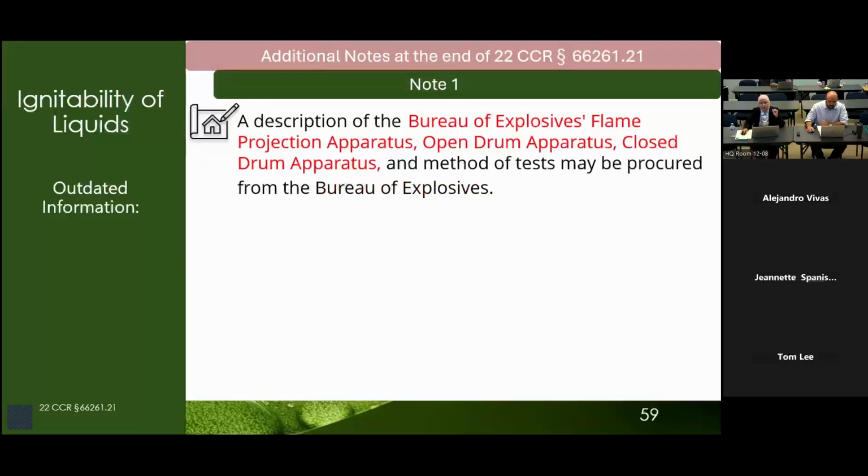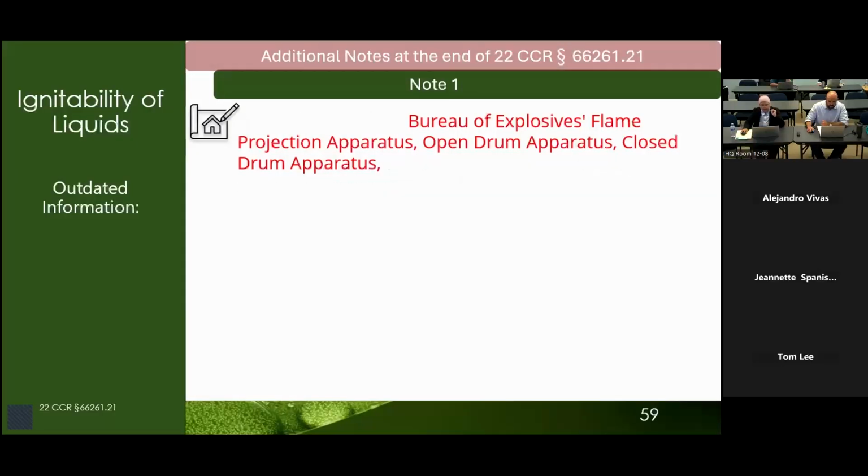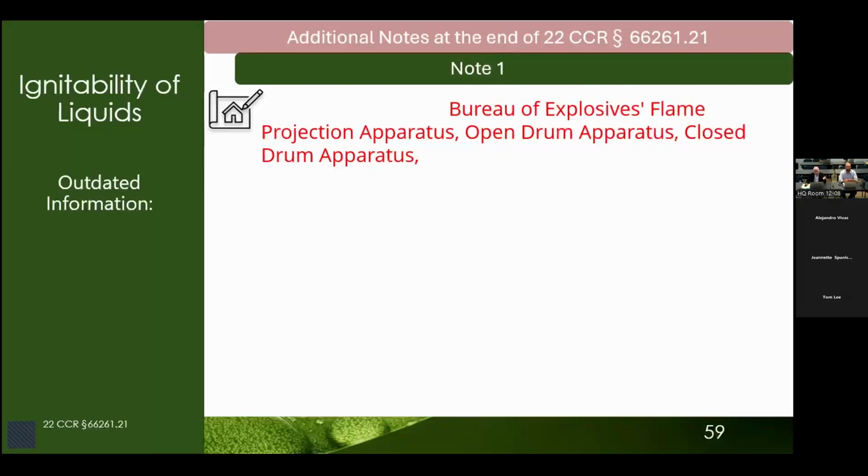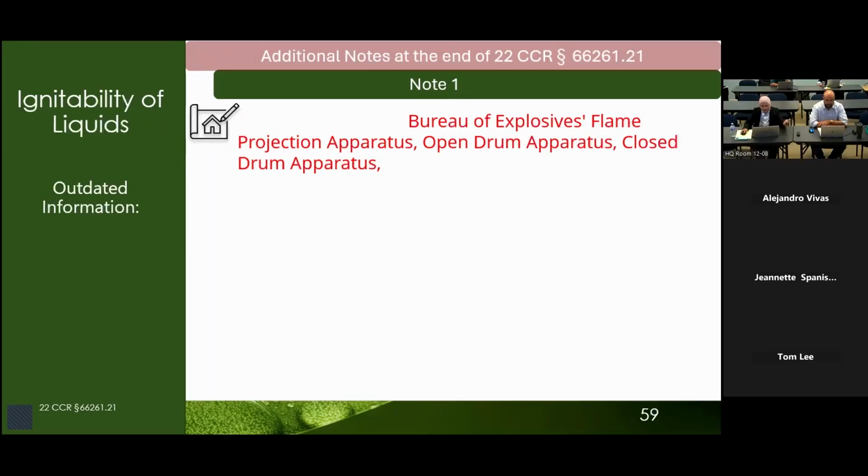For instance, Note 1 is about the Bureau of Explosives BOE test methods for the determination of ignitability of compressed gases. We have already discussed this outdated information earlier. BOE is no longer an operating entity, and all these 3 test methods are no longer existing test methods.